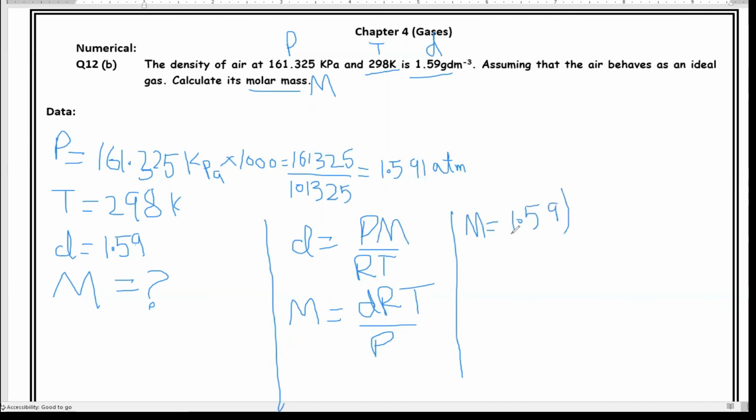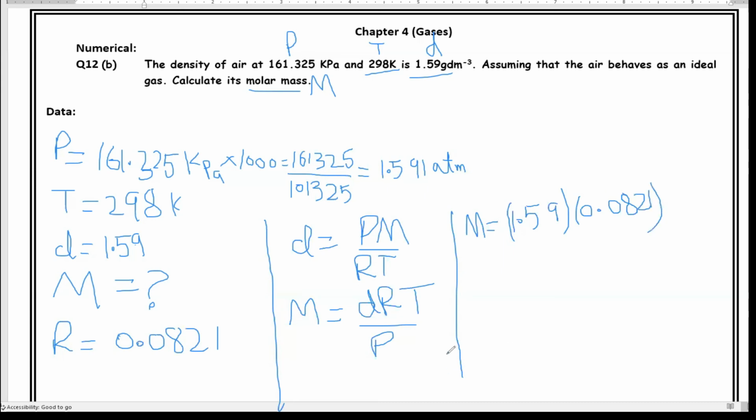You have to put the value of R. The value of R is, we use the value of R in ATM because pressure is in ATM, that's equal to 0.0821. Standard value for R, which you put, 0.0821.